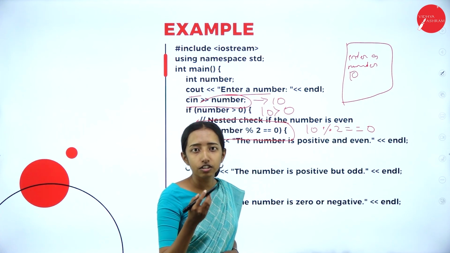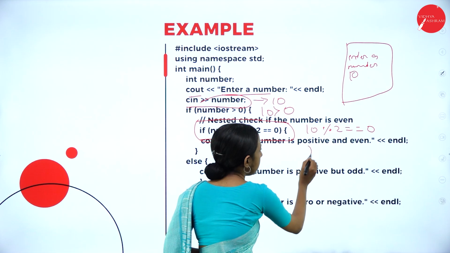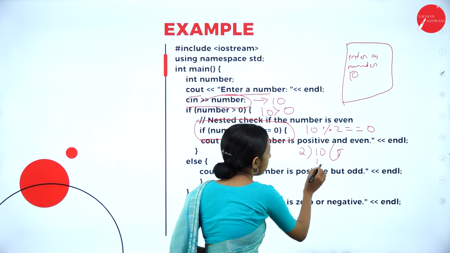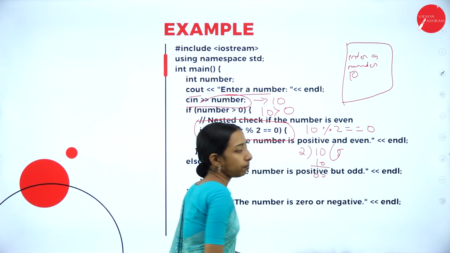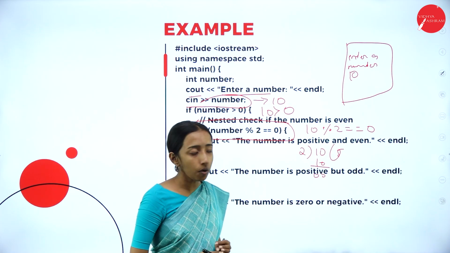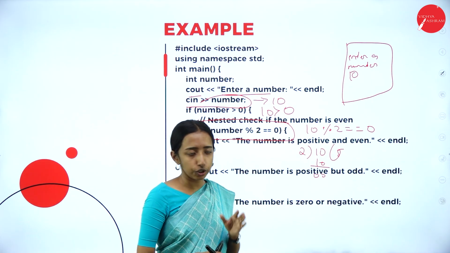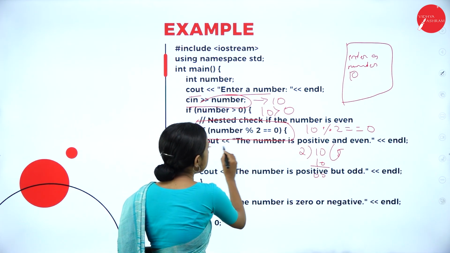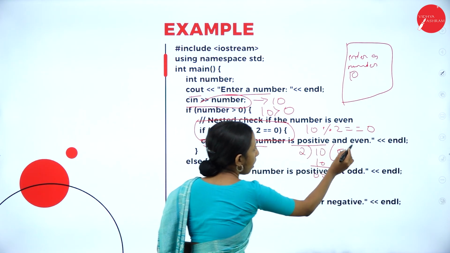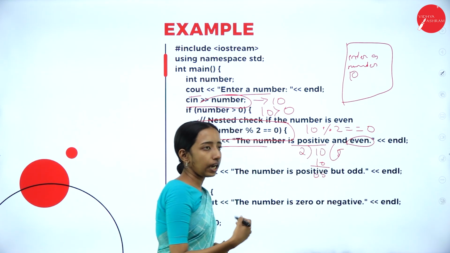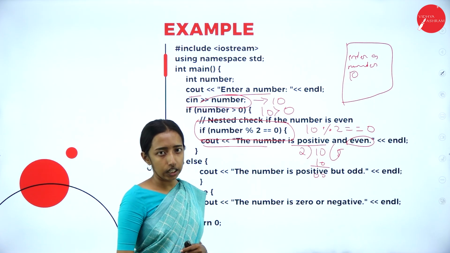And the condition is true, right? We will get the remainder 0. So the condition is true, and we will have the output: the number is positive and even.